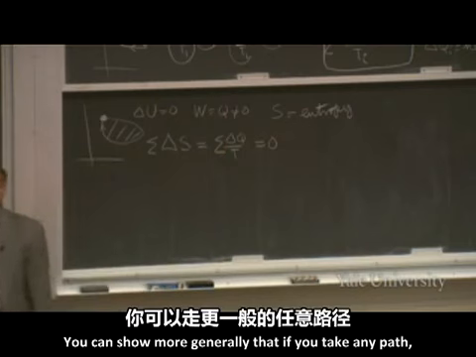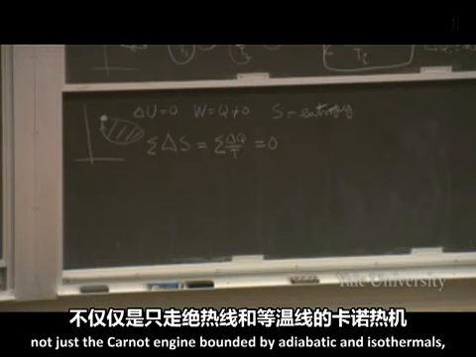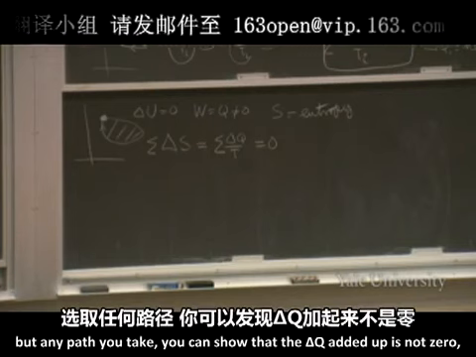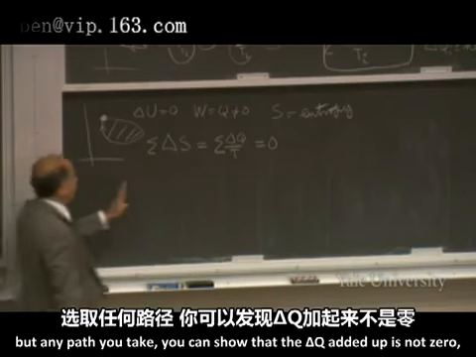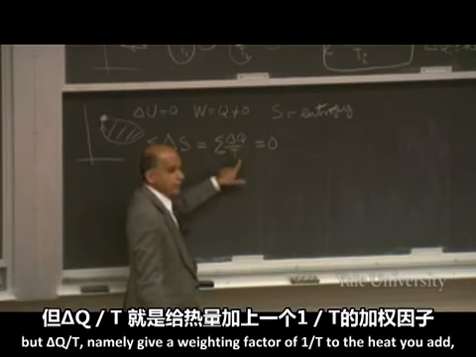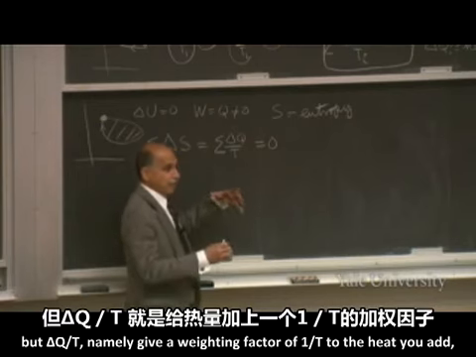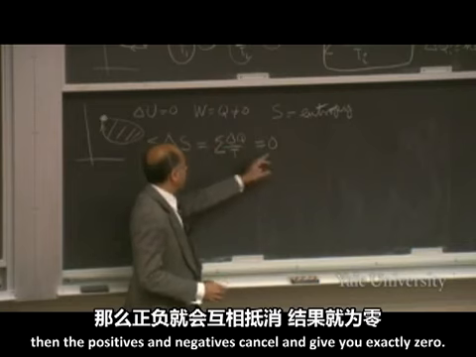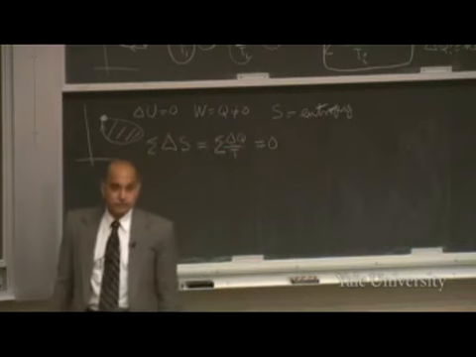You can show more generally that if you take any path, not just the Carnot engine bounded by adiabatic and isothermals, but any path you take, you can show that the delta Q added up is not 0, but delta Q over T, namely give a weighting factor 1 over T to the heat you add, then the positives and negatives cancel and give you exactly 0.